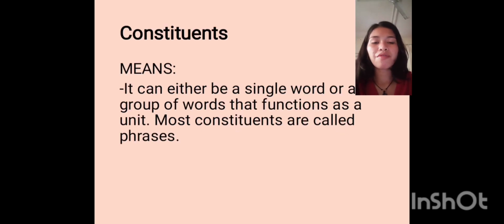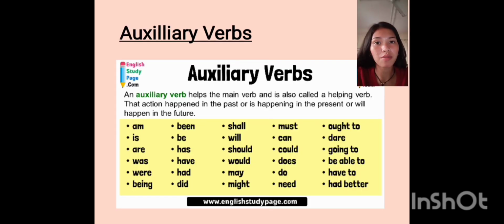Before that, let me give you the meaning of constituents. A constituent can either be a single word or a group of words that functions as a unit. Most constituents are called phrases. Before giving you an example, let me show you the auxiliary verbs that can usually be found in a sentence.